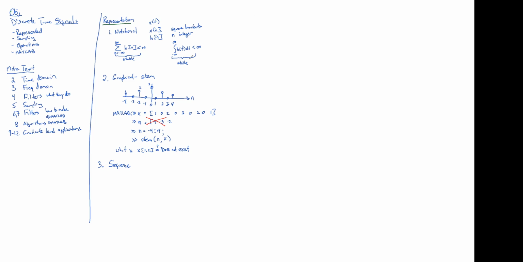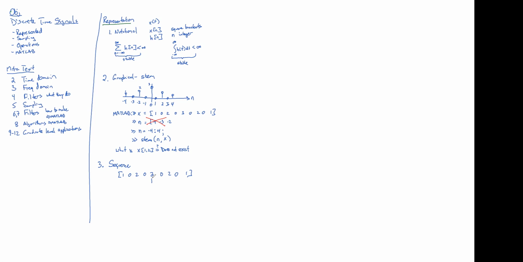Sequence representation is one that does not make sense in continuous time. Since they're separated by unit indices, we could write our sequence directly, just as we did in MATLAB, 1, 0, 2, 0, 3, 0, 2, 0, 1.